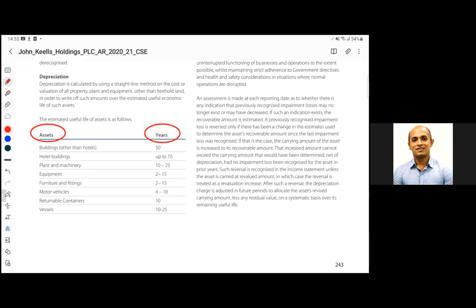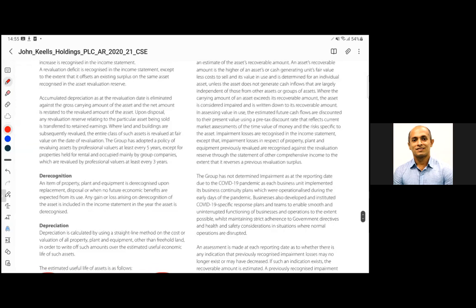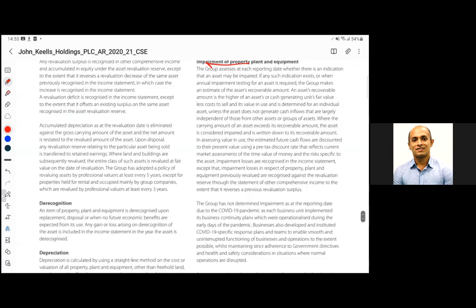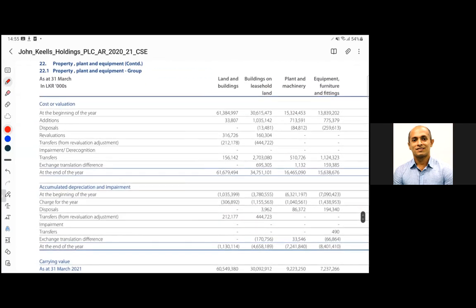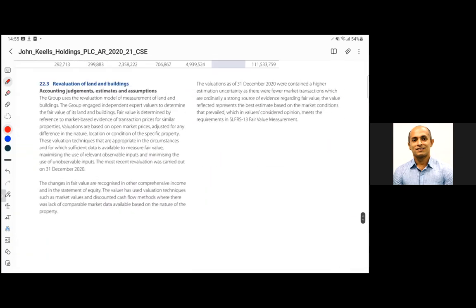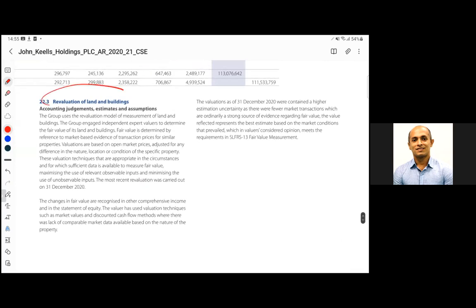In addition, if you read these accounting policies, you can find impairment, property, plant and equipment values, revaluation.